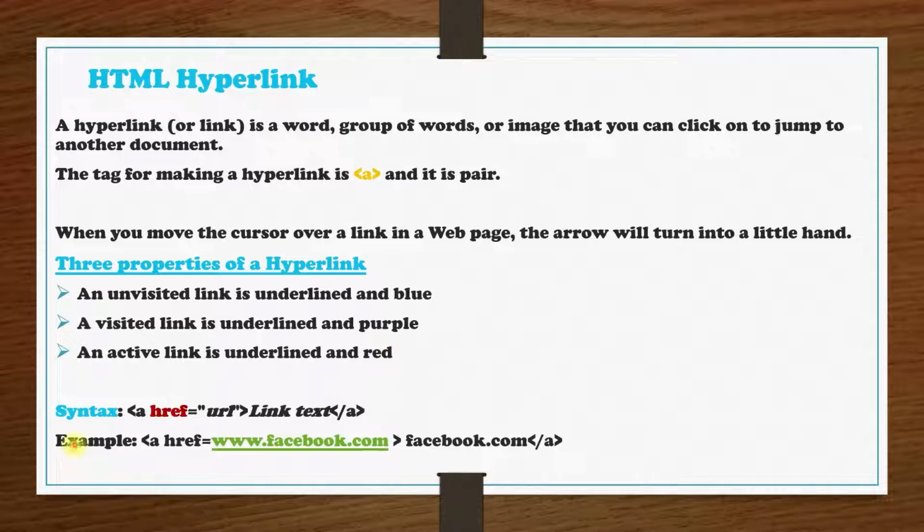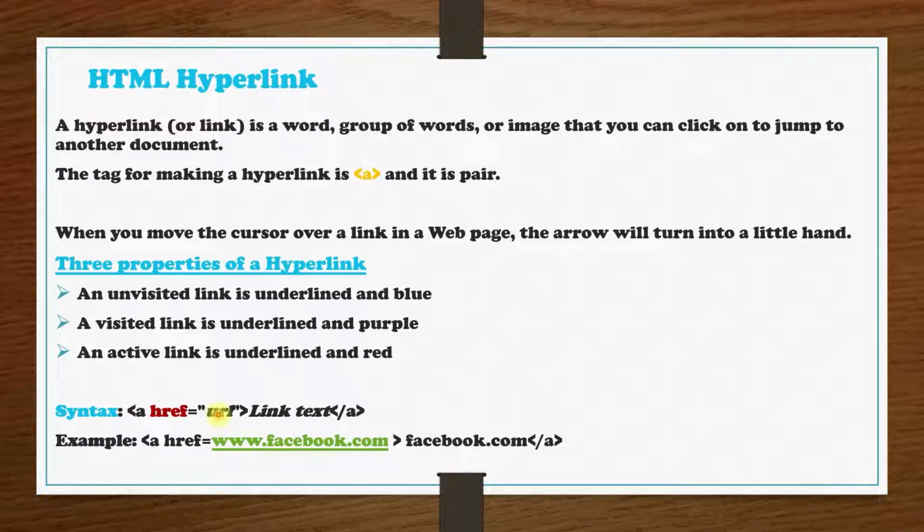There is an example. The syntax for making a hyperlink is like this. First, you have to give the tag of a. Then you have to use the attribute of href, and in href you have to give the address of that document.